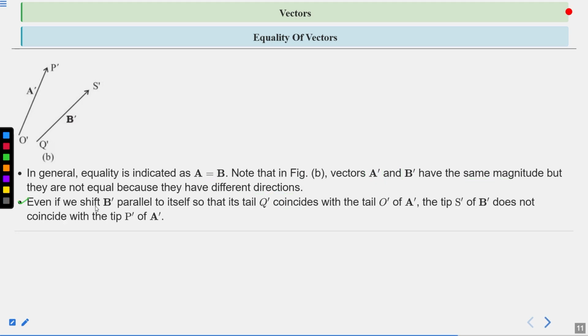Even if we shift B prime parallel to itself so that its tail Q prime coincides with tail O prime of A prime, the tip S prime of B prime does not coincide with the tip P prime of A prime. So this is an example of unequal vectors.